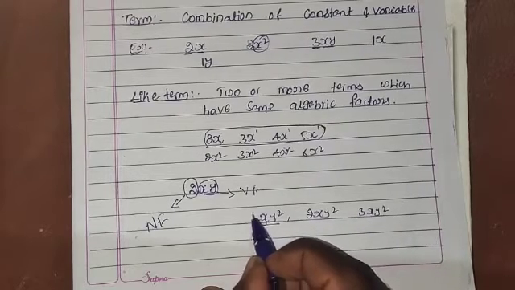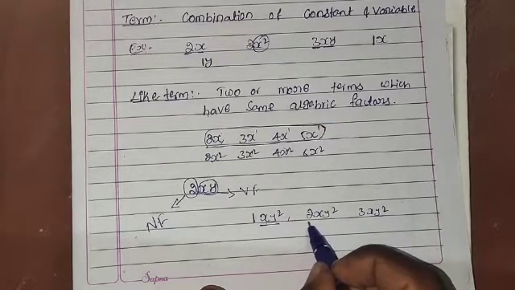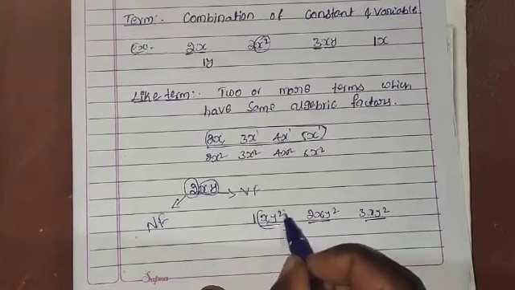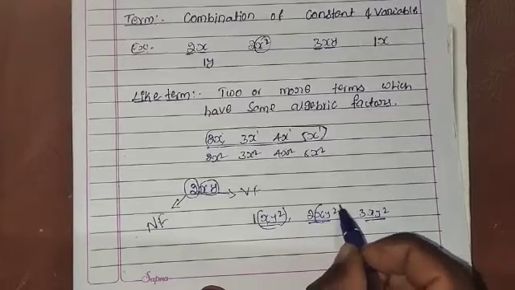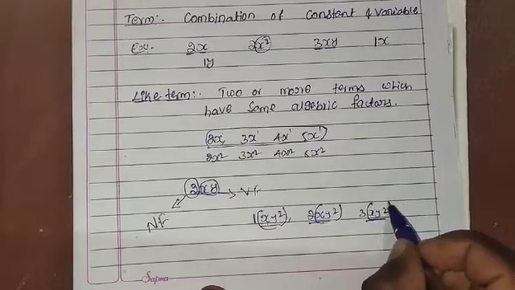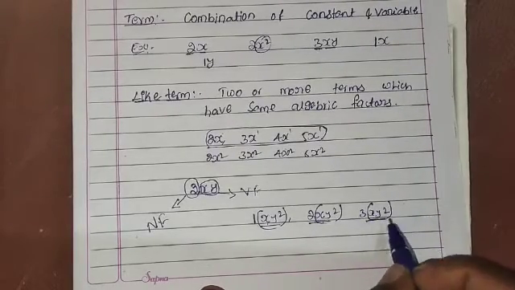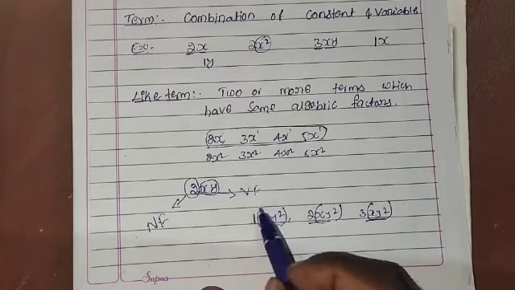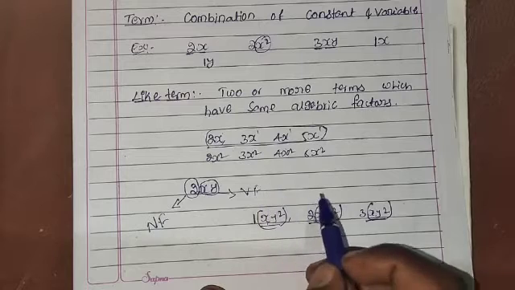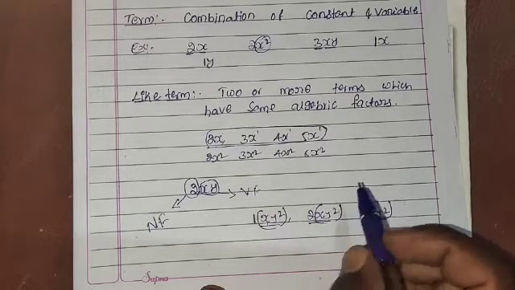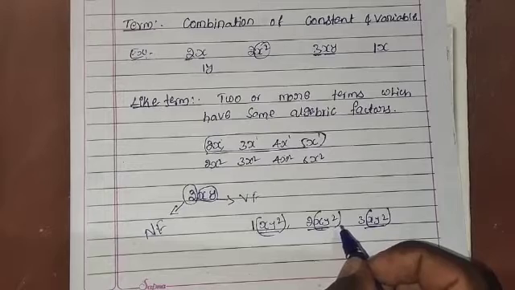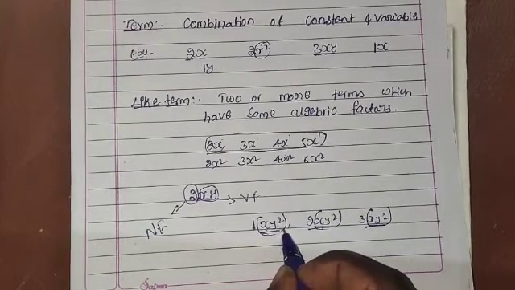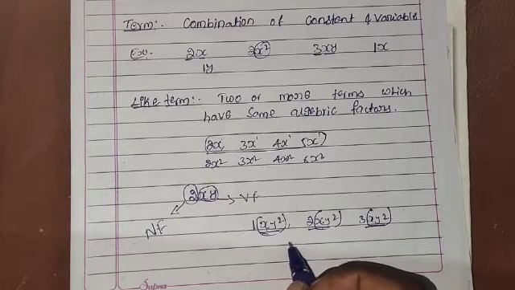Here xy square means 1xy square, then 2xy square and 3xy square. In all three we have the same variable factor, so we call them like terms. Like terms are two or more terms which have the same algebraic factor, that is, the same variable factor.